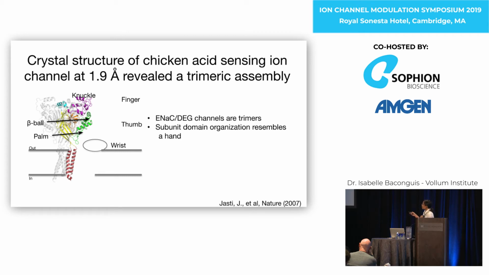In what we refer to as the alpha subunit, there are identified furin sites. So it's thought that some of these alpha subunits are cleaved inside the cells before they get trafficked out to the plasma membrane.